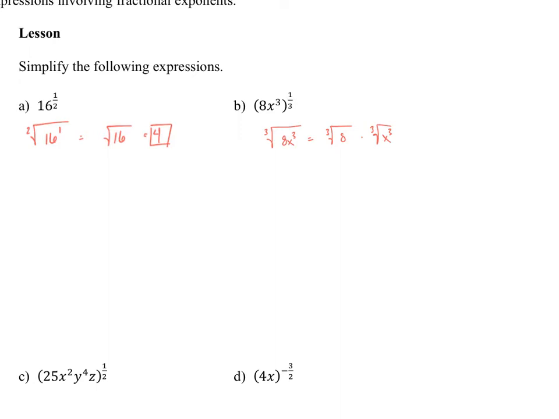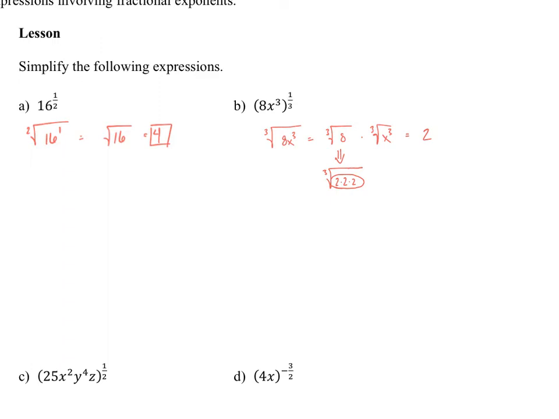Okay, now let me explain here. The cubed root of 8 is 2, and that's because 8 is really 2 times 2 times 2. Right? That's the prime factorization of 8. So if I've got 3 2's that multiply together to make up 8, then the cubed root of 8 would be 2, because it's 2 that if you multiplied it by itself 3 times would give you 8.